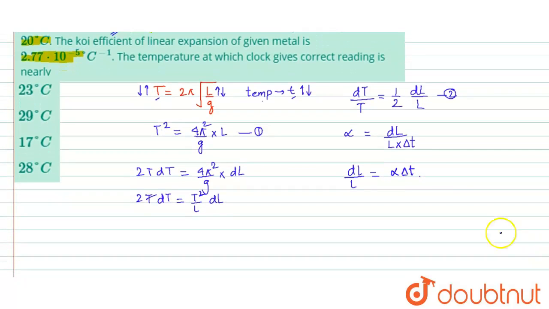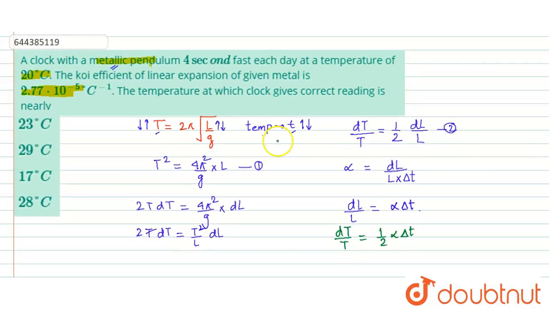Now let us put this value in the equation and see if we get the desired relationship. So this is the change in time period divided by the time period, which is equal to half into alpha into delta T. Now the question says that the metallic pendulum reads 4 seconds fast, so the time period increases.